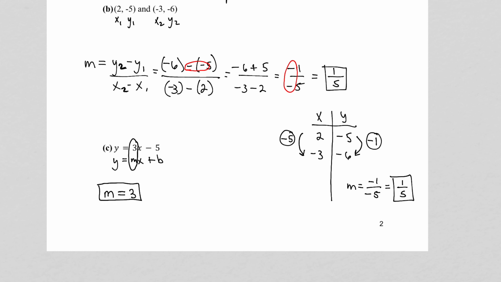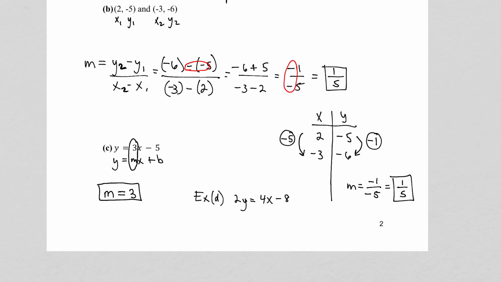Now be very careful, because if there is an equation that is not in this form, you need to rewrite it so that it is. For instance, I don't have another example here, but let's just say this is example D. Okay, say you're given the equation 2y is equal to 4x minus 8.